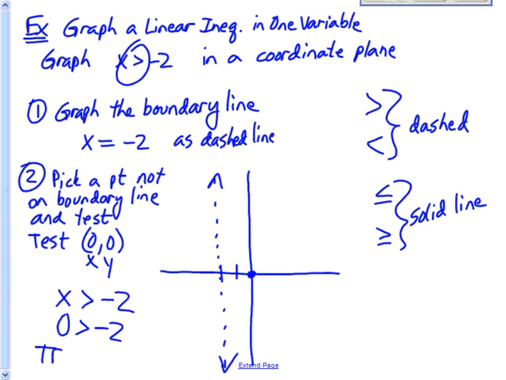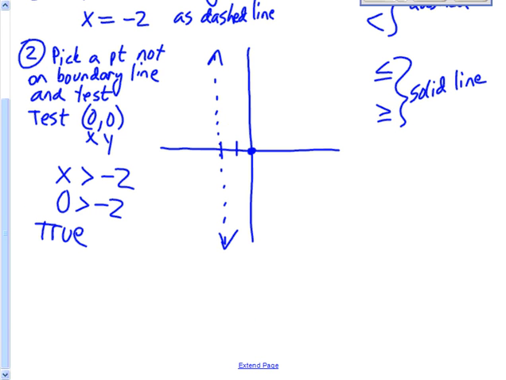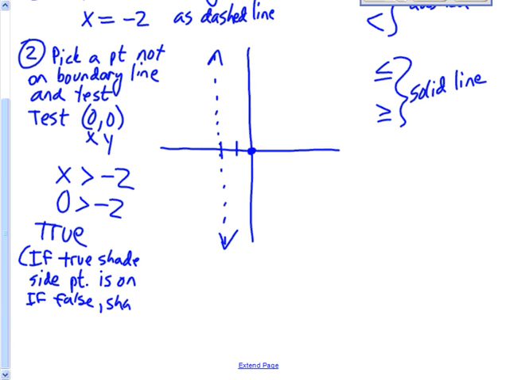I say true. Now, if it's true, you shade the side the point is on. If it had been false, I would shade the other side of the boundary line. So it's true. (0, 0) is on the right-hand side of this boundary line.